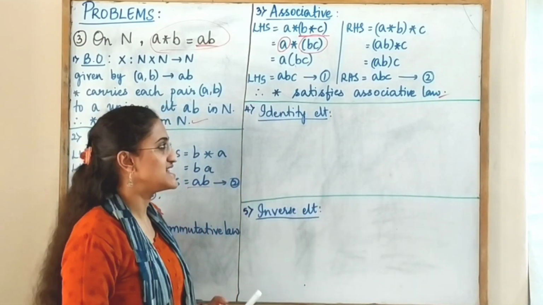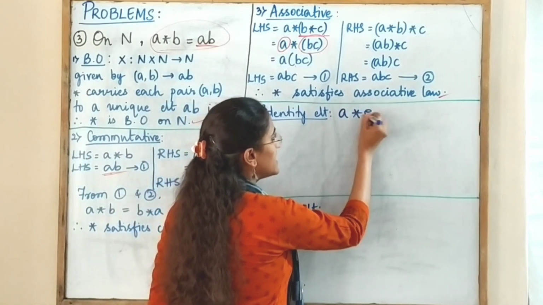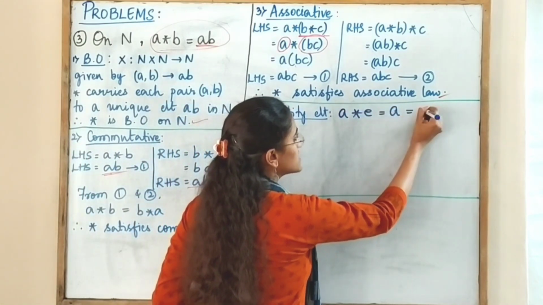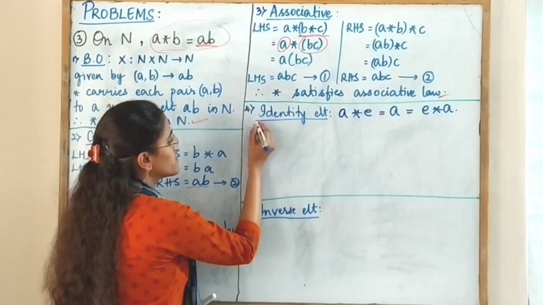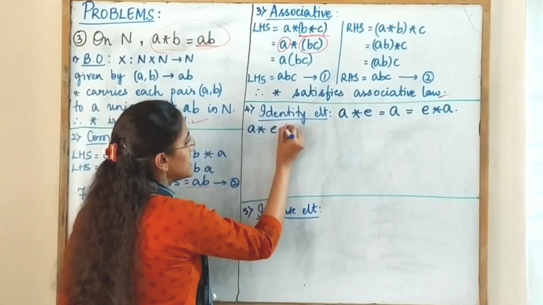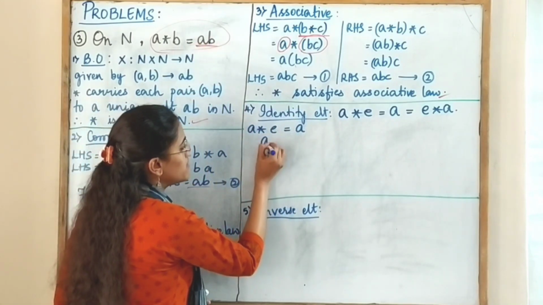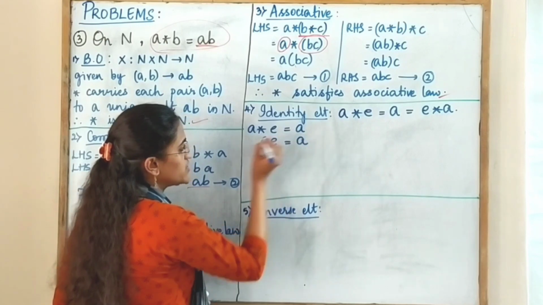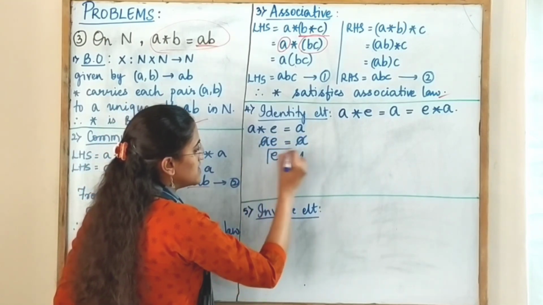Now, coming to the identity element, we have the condition A star E is equal to A, which equals E star A. Coming to the first part of the equation, A star E is equal to A. According to the operation, A star E will be AE is equal to A, and A gets cancelled and we'll be left with E is equal to 1.